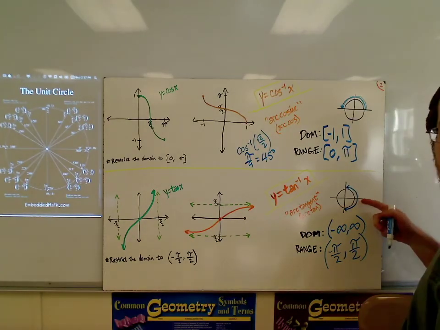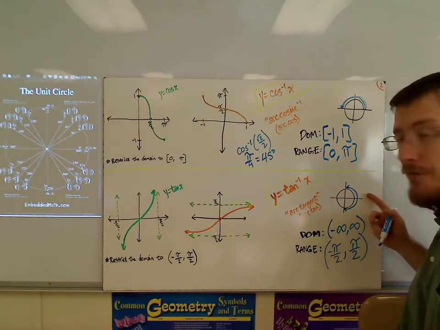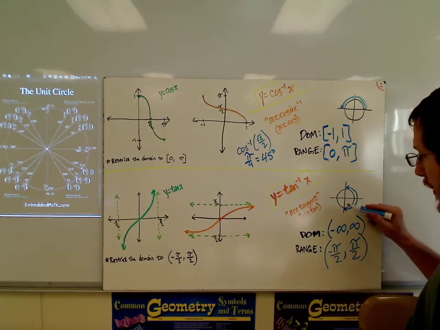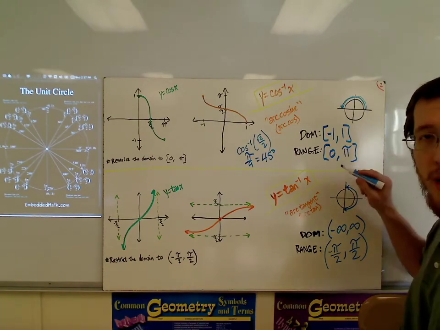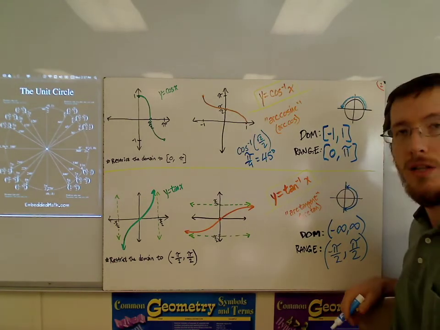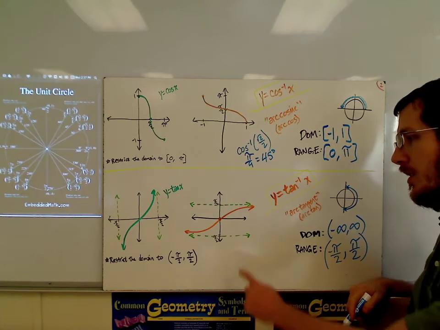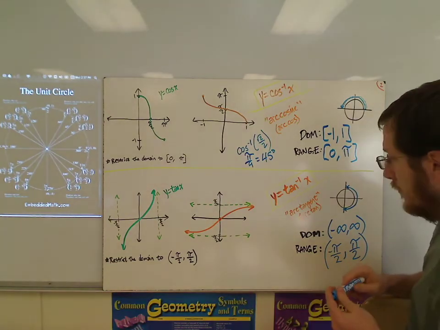On our unit circle, it looks real similar to our sine function. The only difference is that these two angles right here, -90 and +90, are not included in our range, because they're undefined for tangent.